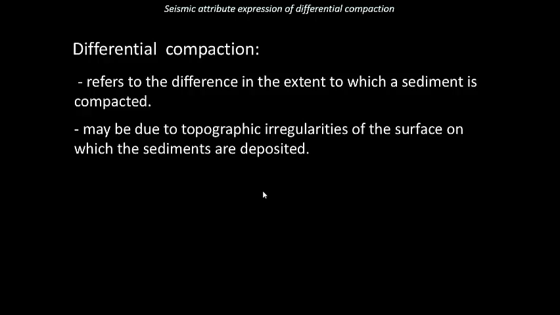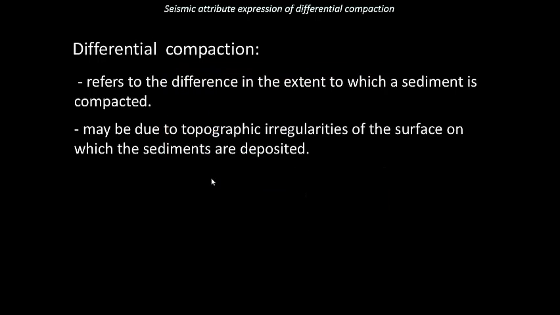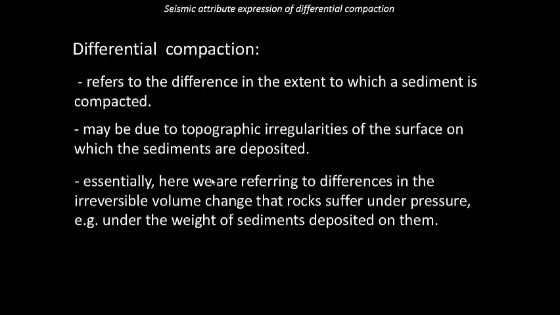Now, the differential compaction also depends on the topographic irregularity on the surface on which the sediments are deposited. So essentially, that is what we are talking about here: the difference in the irreversible volume change that the rocks suffer under pressure, which comes from the weight of the overburden or the sediments deposited on them.